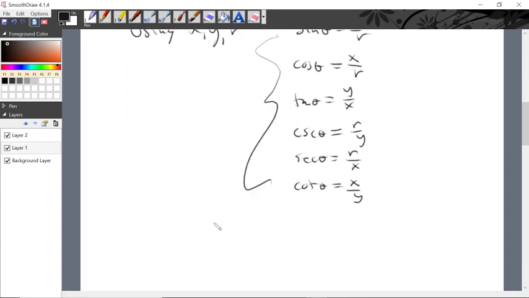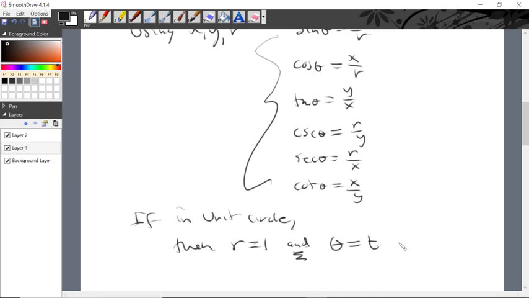Okay. Now, if we are in the unit circle, then r is specifically equal to 1. And by definition, theta would equal t, if theta is measured in radians.